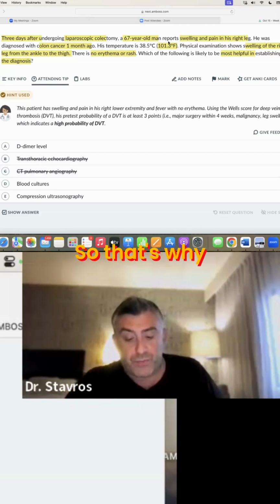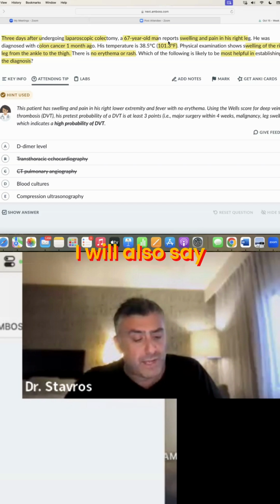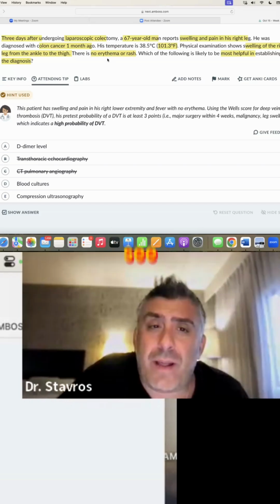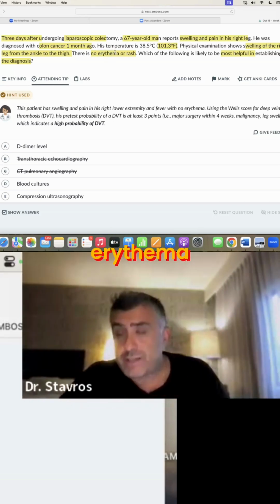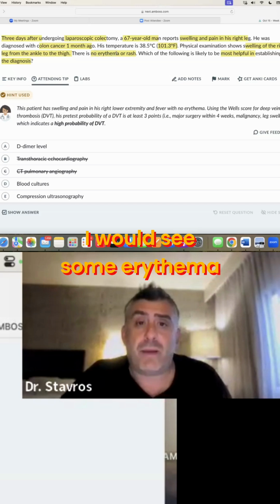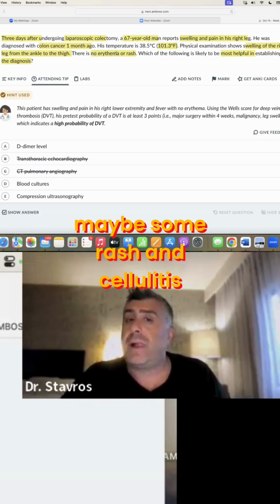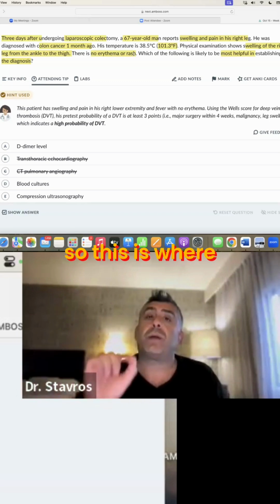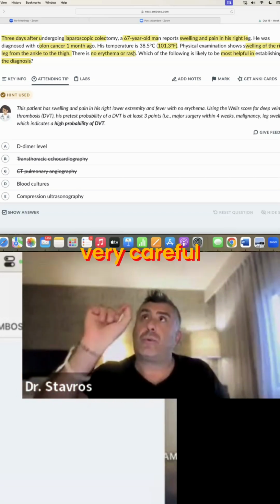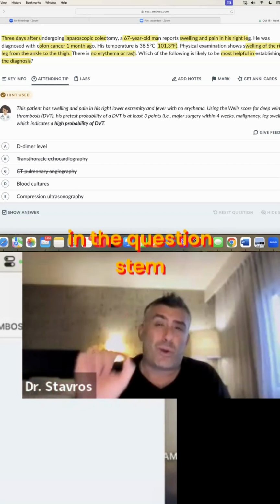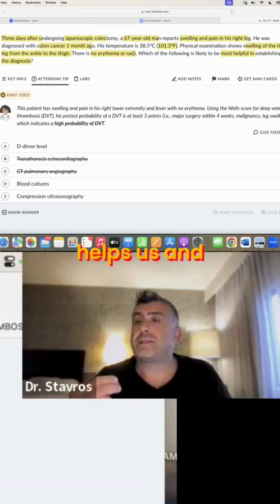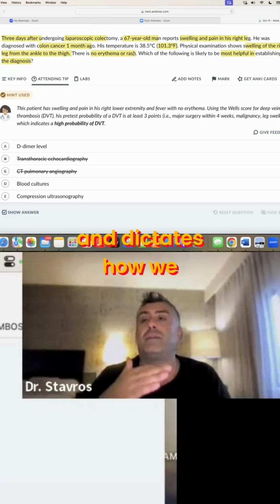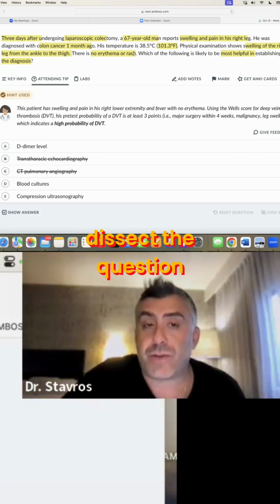So that's why I will also say, wouldn't you see erythema? Yes, I would see some erythema, maybe some rash in cellulitis. In this case, there is no erythema and no rash. So this is where we have to be very careful. The words they choose in the question stem help us and dictate how we diagnose and how we dissect the question.